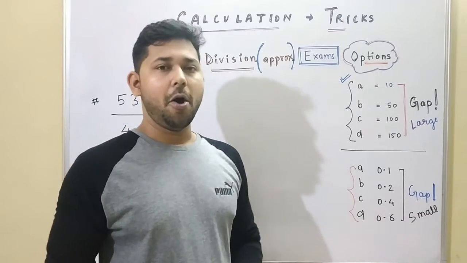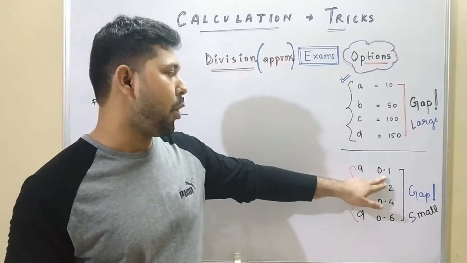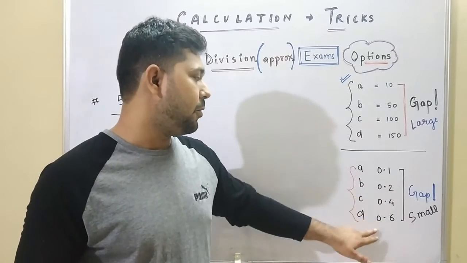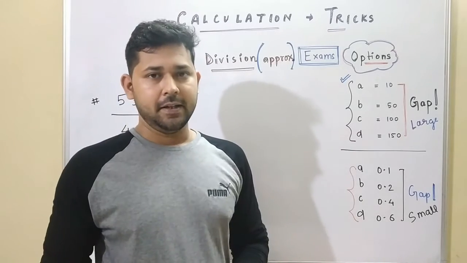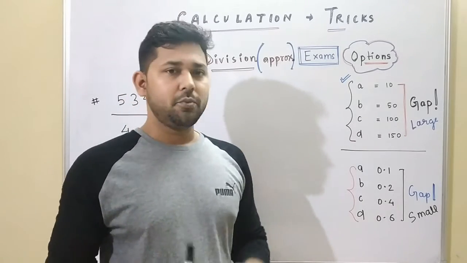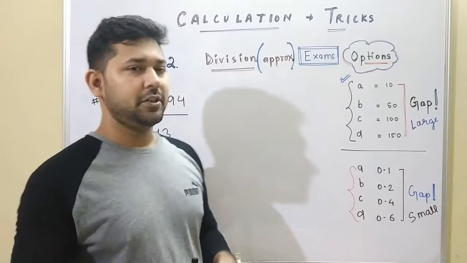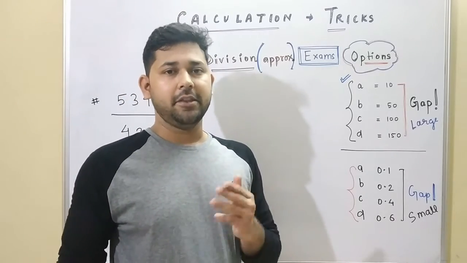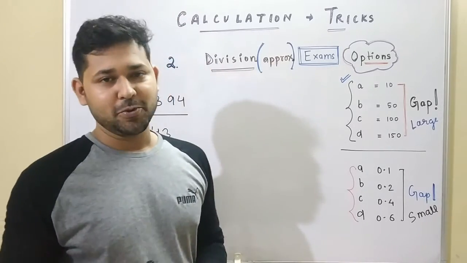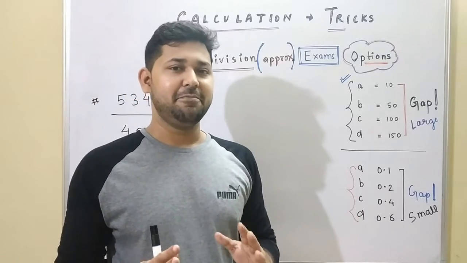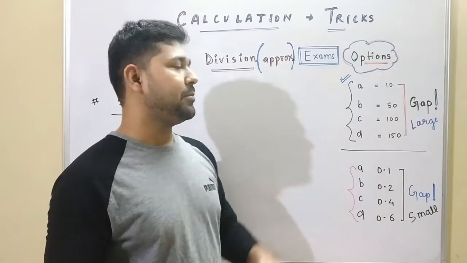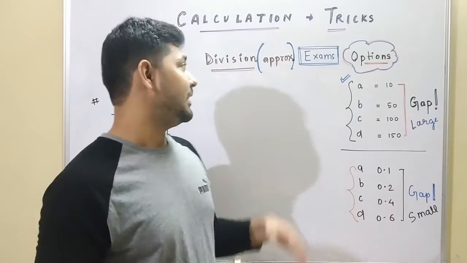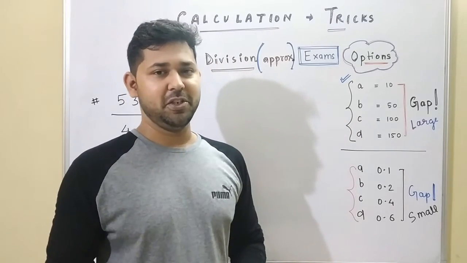And if the options are like 0.1, 0.2, 0.4, 0.6, please do not apply this trick, because the gap is quite small and approximation can't get you there. And the good news is that in most exams, 95% of questions are like this. 95% of the time you have the chance to apply the approximation method.